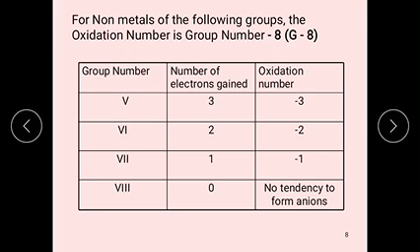Next one is for eighth group elements. There is no need for electrons because they are stable elements or inert gas elements.